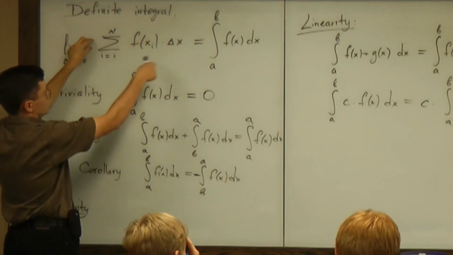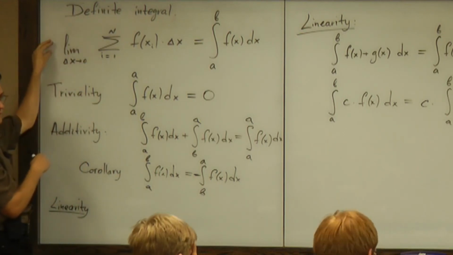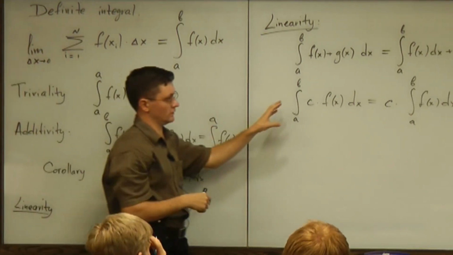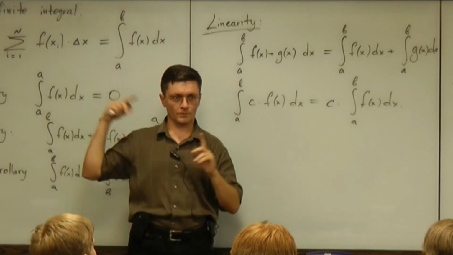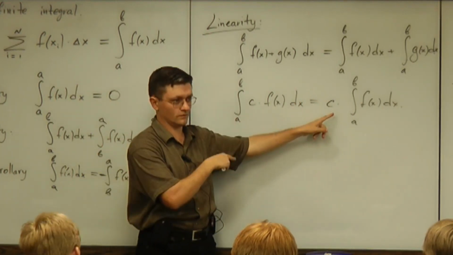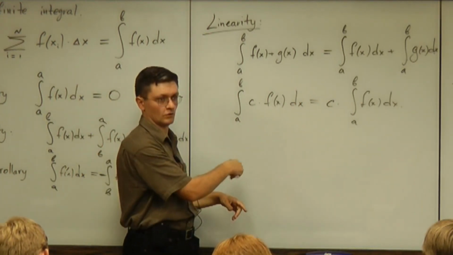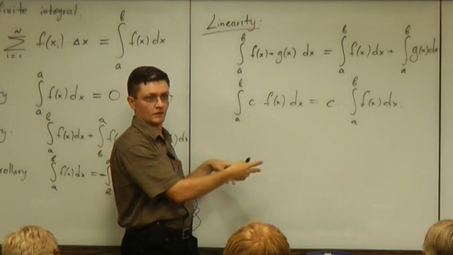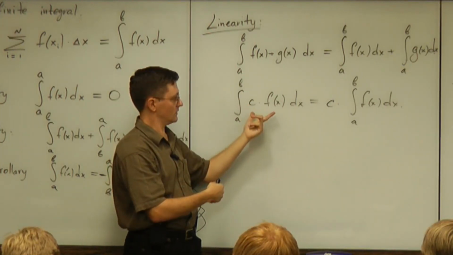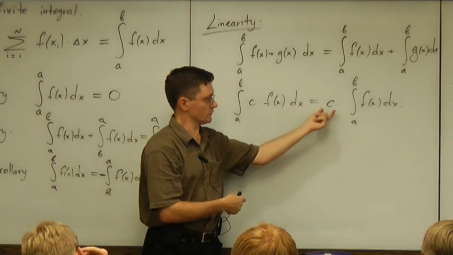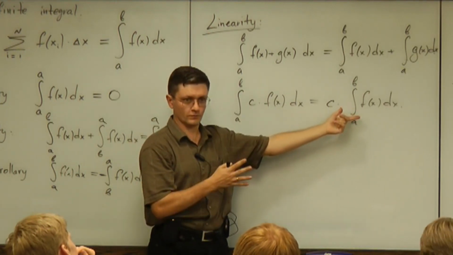And when you compute the limit, you can factor the constant out of the limit. So again, this is a very simple algebraic property, but you can try to plot a graph of a function multiplied by a constant and see why one area is the constant times that area. It's not easy to see.